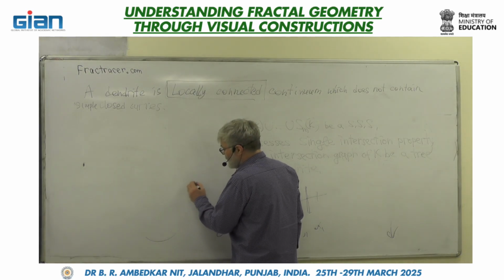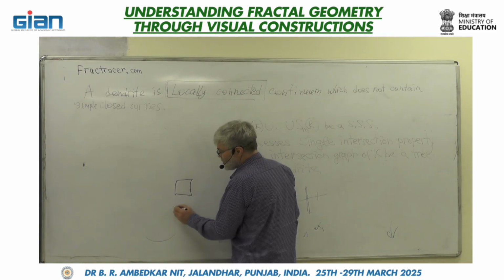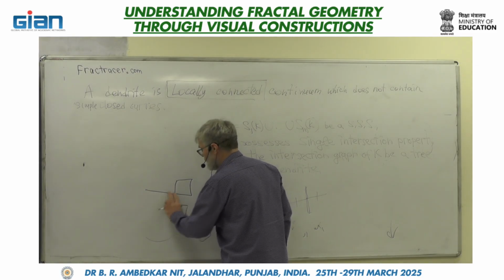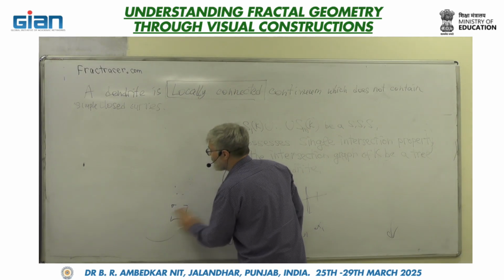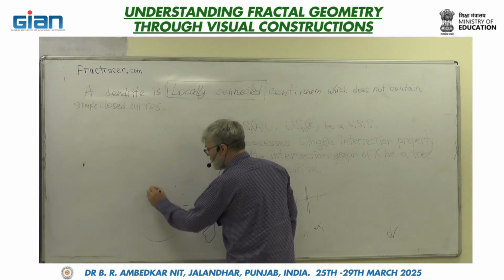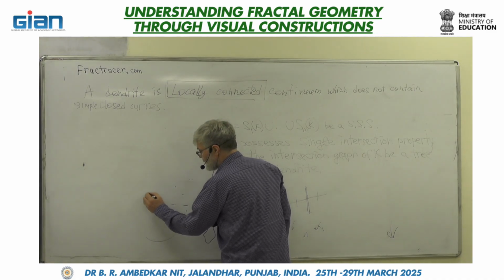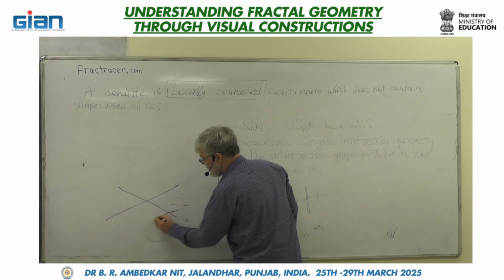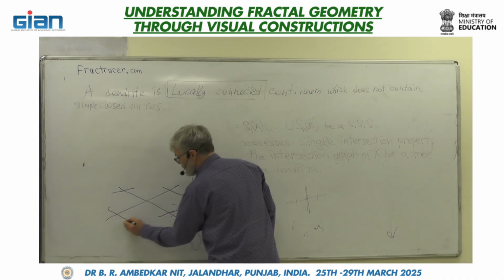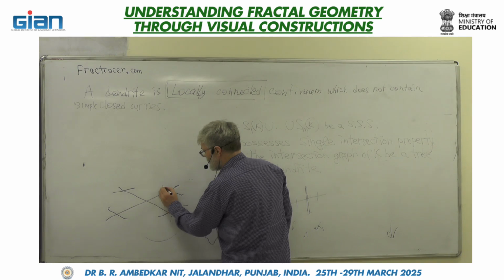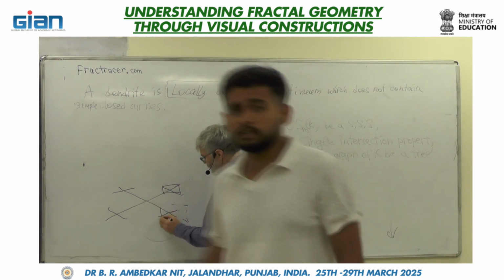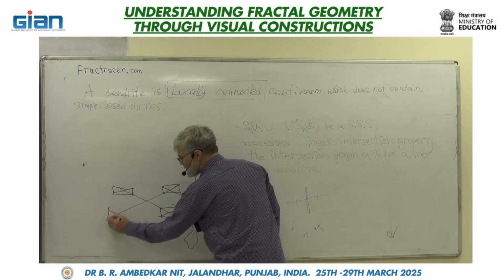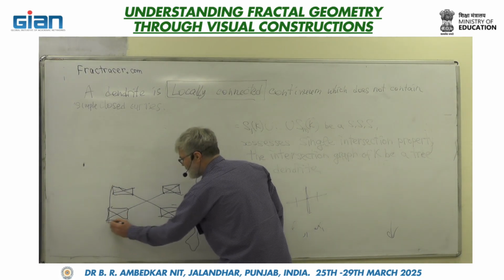For example, consider a dendrite which has 4 copies. This way. So I have some kind of a rectangle and also one rectangle 2 and a rectangle 2, and all these are images of this large rectangle.